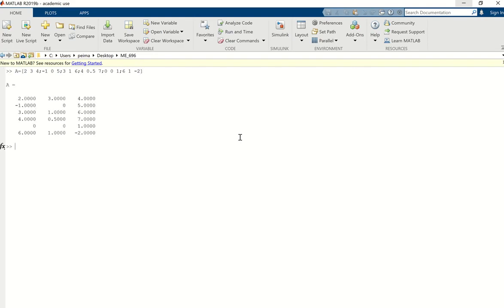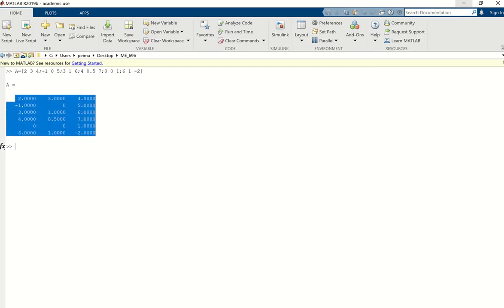This is the matrix. As you can see, this is 6 by 3, like the 3 degree of freedom robot that we had in the previous class.